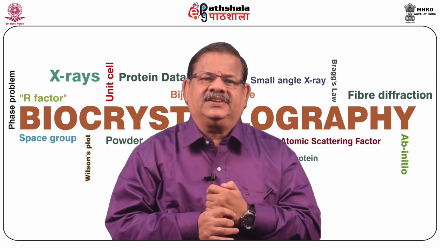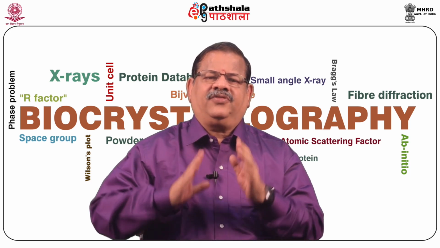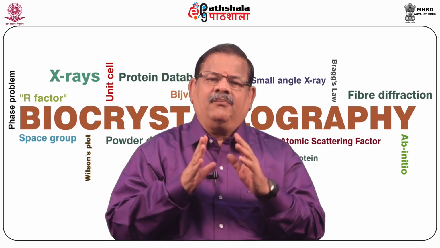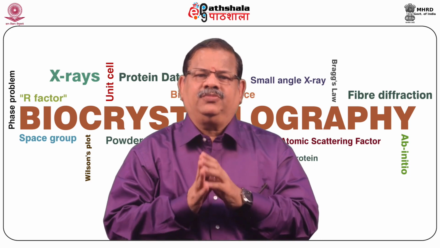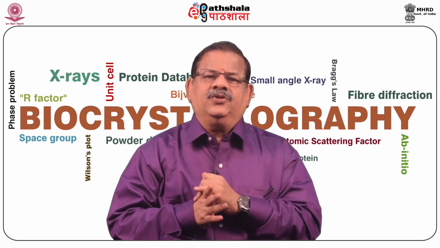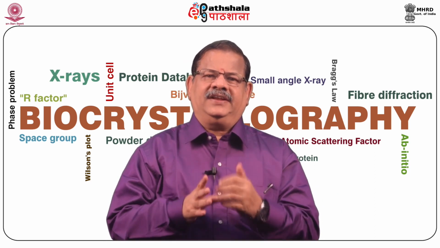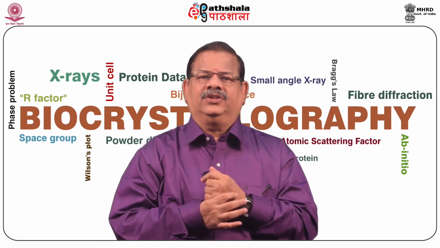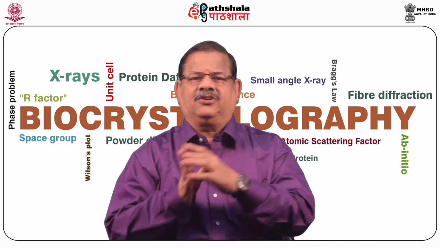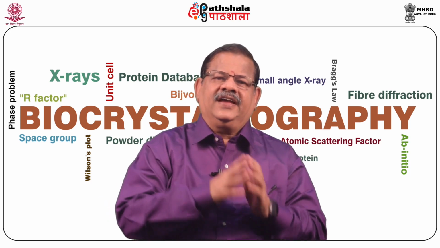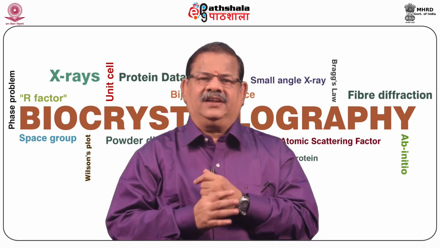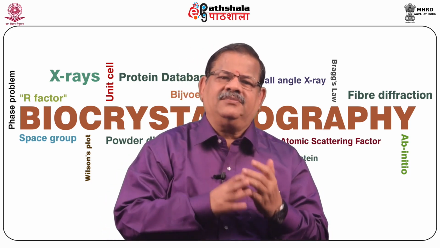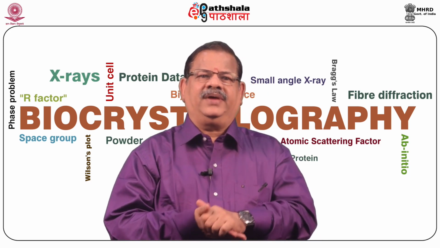The probability relation is phi of h plus phi of k plus phi of minus h minus k should be equal to 0. You should not be confused by the term minus h minus k, because previously we know that h plus k plus l equals 0, from which we get h plus k as minus l, or l as minus h minus k. So that is the assumption you have to make.